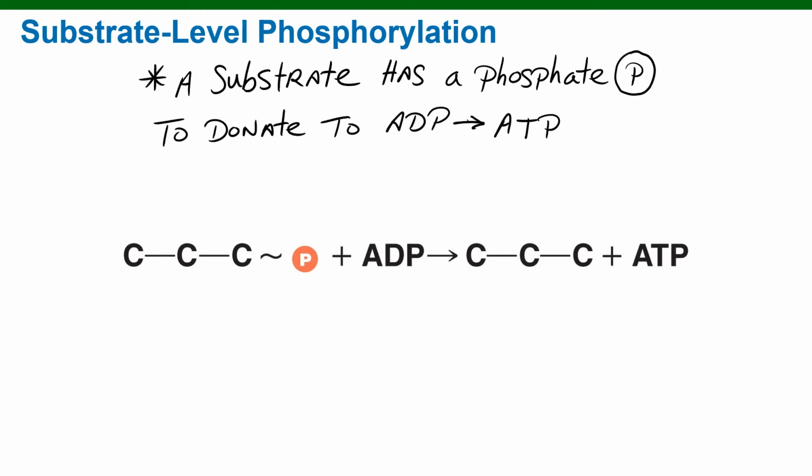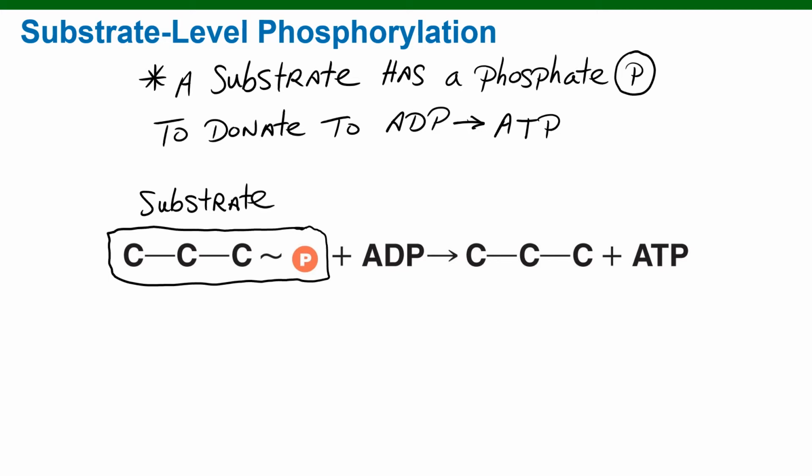So in this figure, on the left side of the equation, they're just showing a carbon skeleton of some sort, some kind of organic molecule. They're not showing the hydrogens there, but this chain of carbons, some molecule has a phosphate that's on offer, and so we refer to this part of the reaction as the substrate molecule.